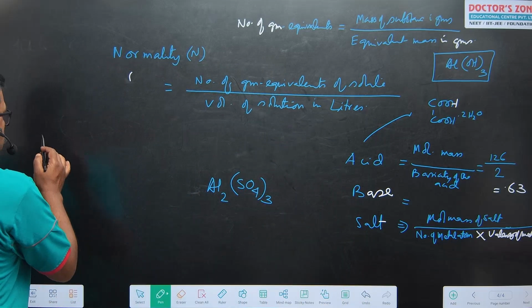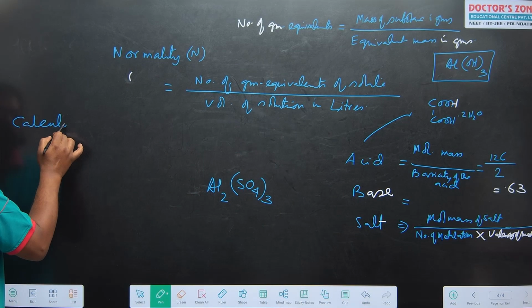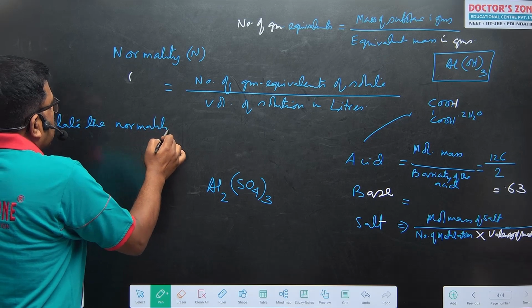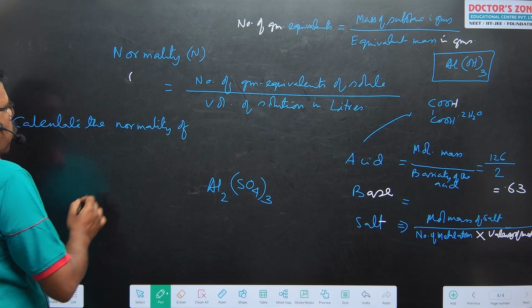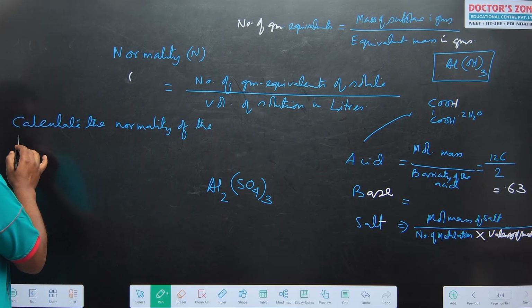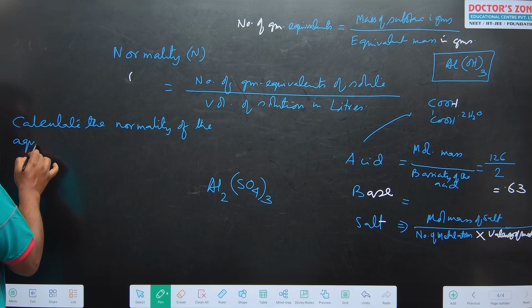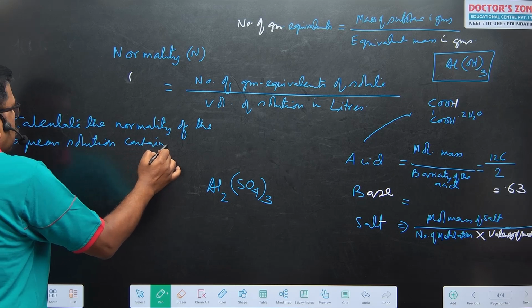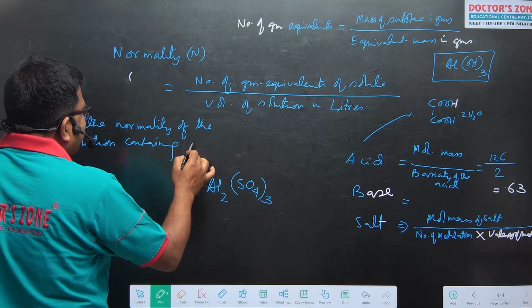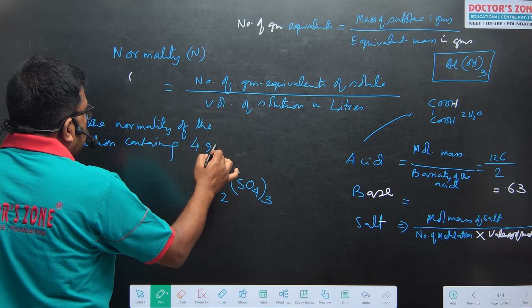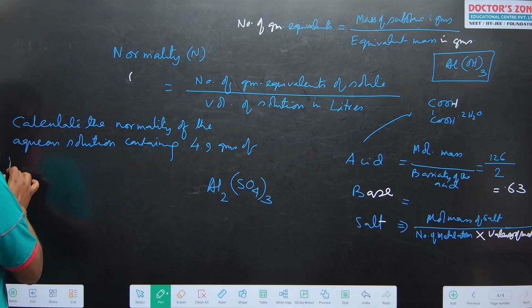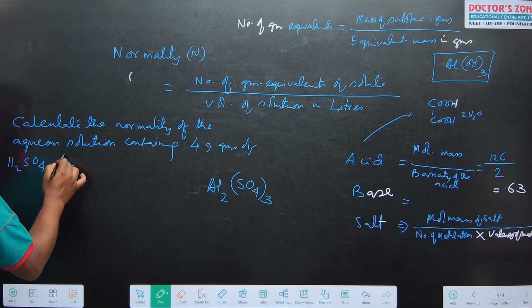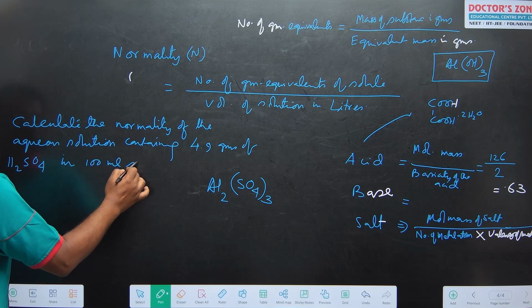Okay, calculate the normality of the aqueous solution containing 4.9 grams of sulfuric acid in 100 ml solution.